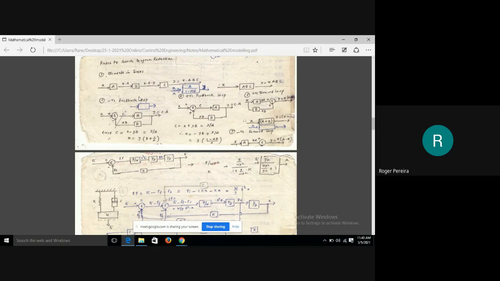Now this first rule is very simple, that is elements in series. But now these are a little difficult. Now let us consider this positive forward loop. So how it is a positive forward loop is, this is a summing point. We have x here.